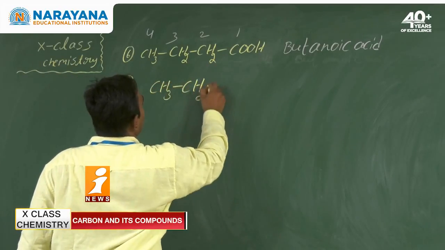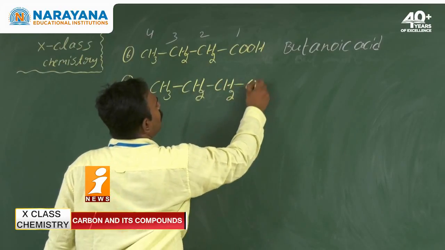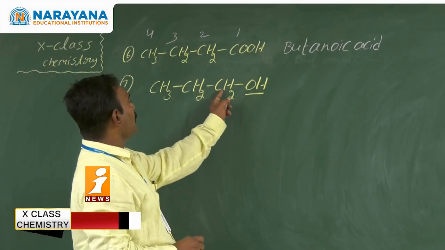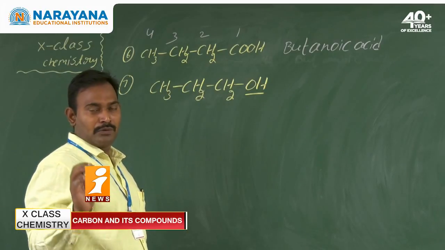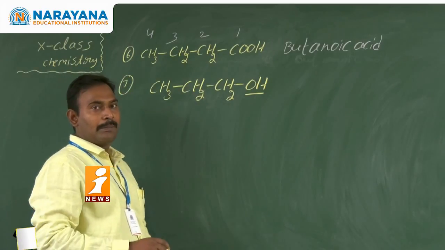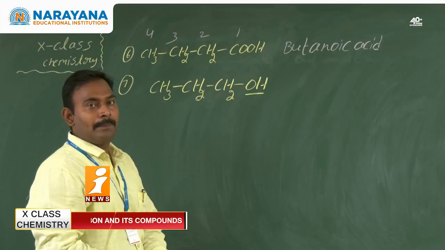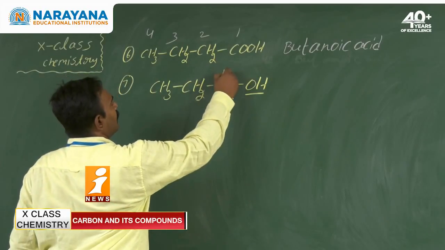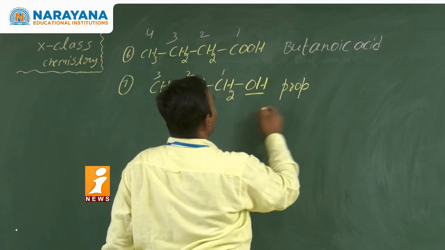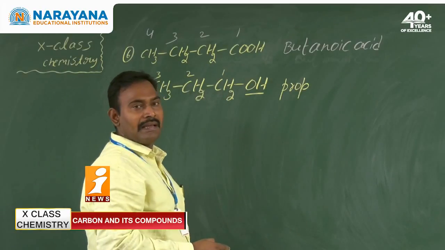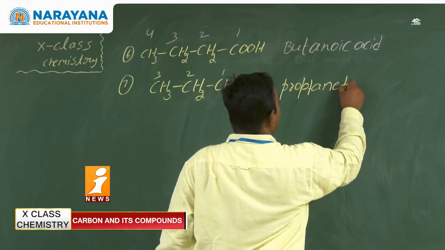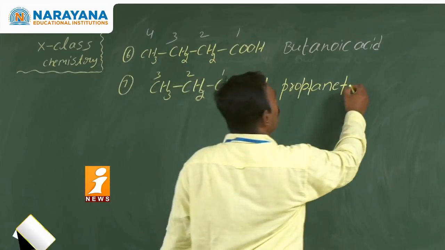Coming to the next example: CH3, CH2, CH2OH. What is the functional group here? Alcohol. Total how many carbons? Three carbons. Here there is no prefix, only a primary suffix and a secondary suffix. According to numbering, the secondary suffix should get the least number. So numbering 1, 2, 3. The name will be prop, plus primary suffix an, plus the secondary suffix of alcohol, ol.